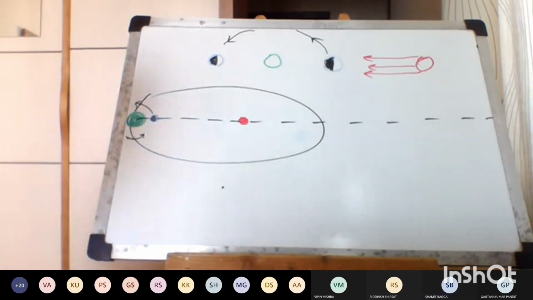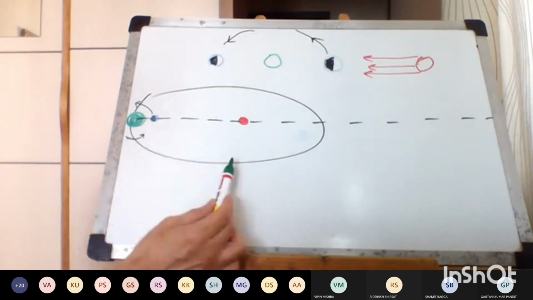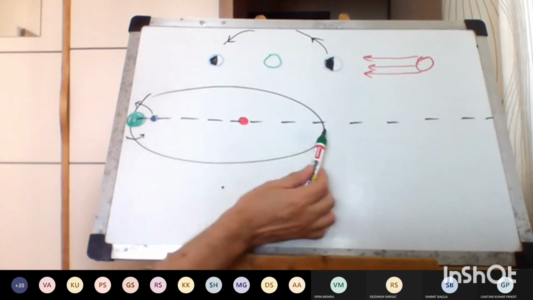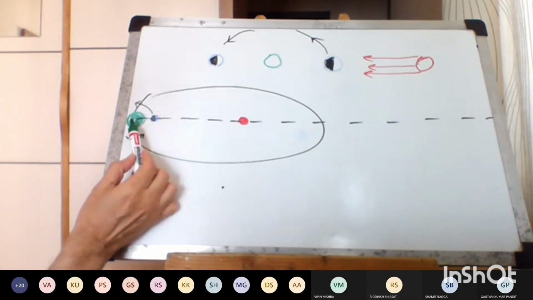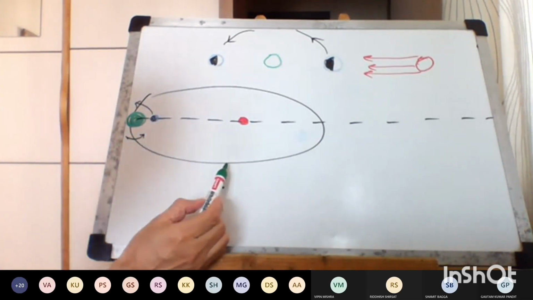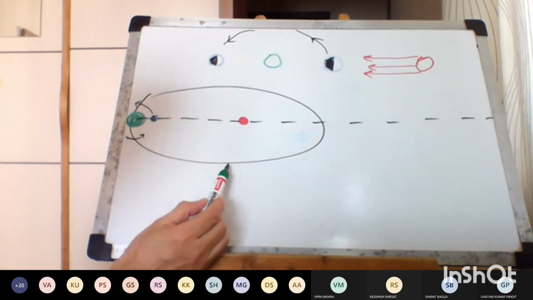The Earth is revolving around the Sun in how many months? 12 months. Right? 3 months she will be here, 6 months she will be here, 9 months she will be here, 12 months she will be here. So if the moon has taken 1 month to go around the Earth once, the Earth is not stationary where it is.